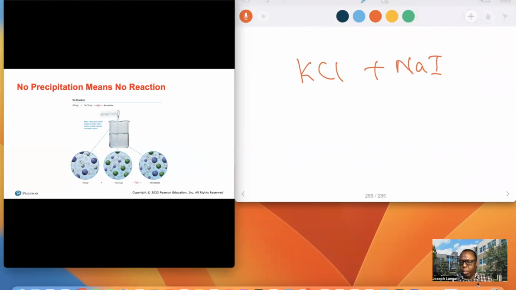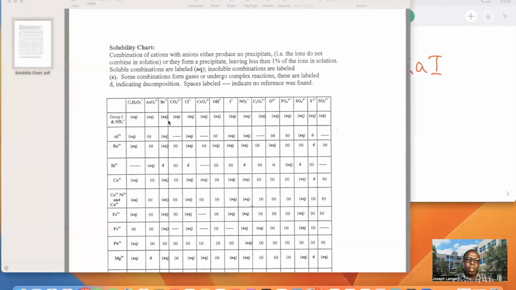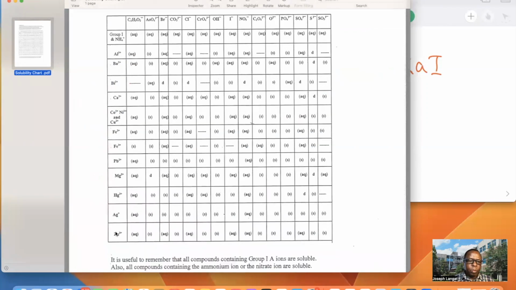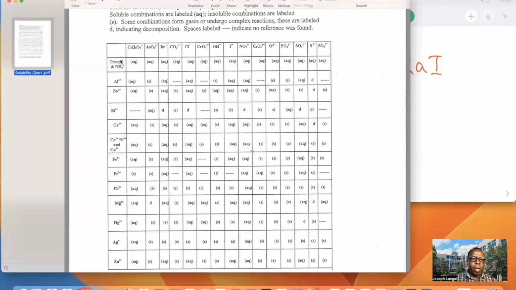Using the solubility chart, let's see potassium chloride. We don't have potassium here, so don't expect to see every element or all cations on the solubility chart. Use the group number.